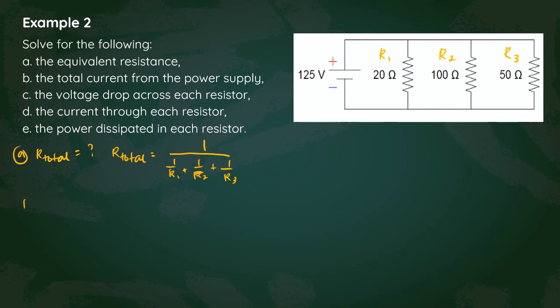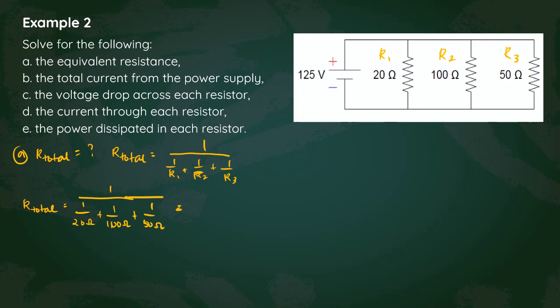So if you substitute our values, that's 1 over 20 ohms plus 1 over 100 ohms plus, oops, that's 1 over 50 ohms.